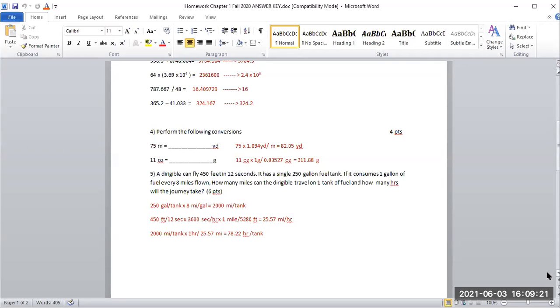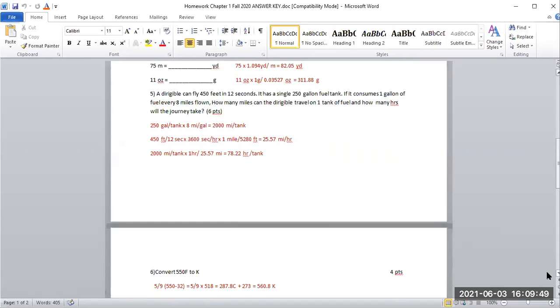This one I did not request appropriate sig figs for, so as long as the math was correct, that was fine. 11 ounces: 1 gram is 0.03527 ounces. So you are dividing, if you use this particular conversion factor, 11 ounces is 311.88 grams.